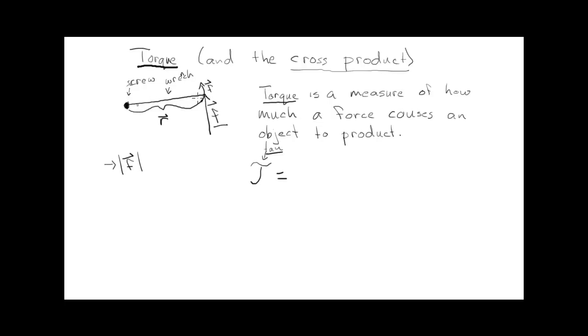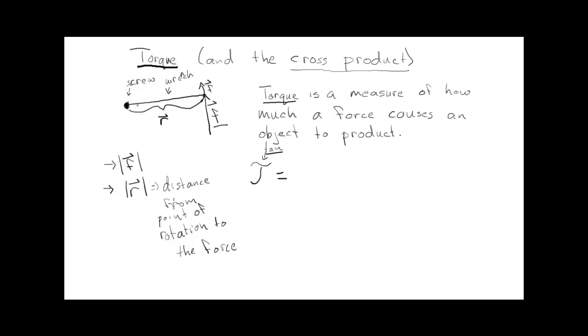So the greater the length of the distance from the point of rotation to where the force is applied, the more the object will rotate. So that's another factor, the magnitude of this distance, which you can think of as the distance from the point of rotation to the force.